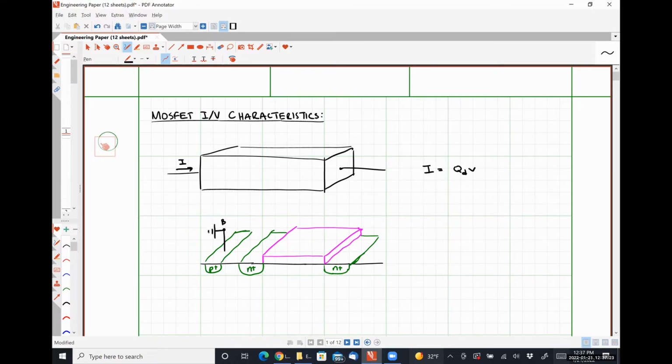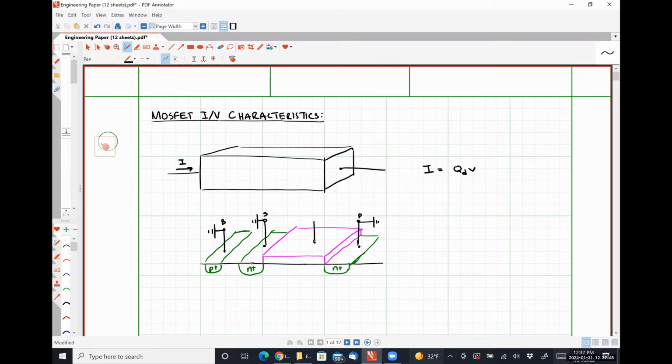Let's short our body. Let's short our source. And let's short our drain for now.